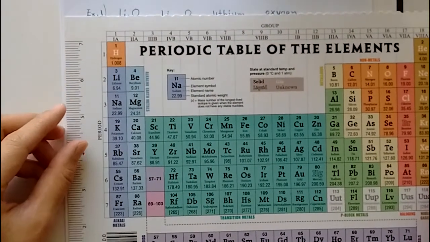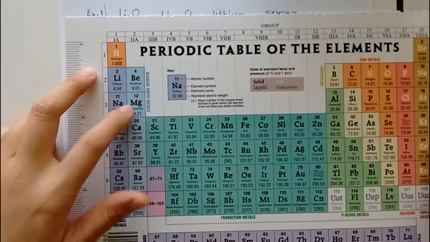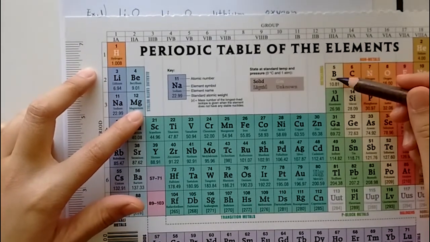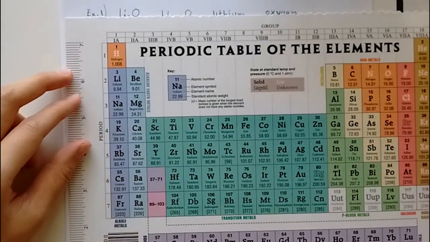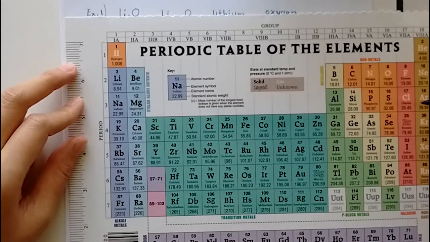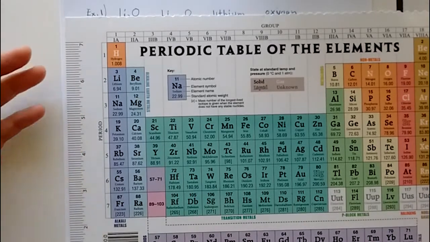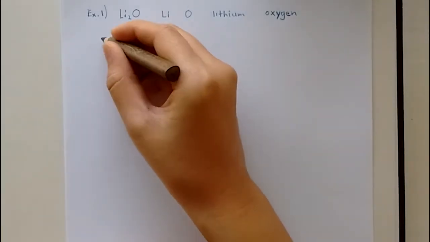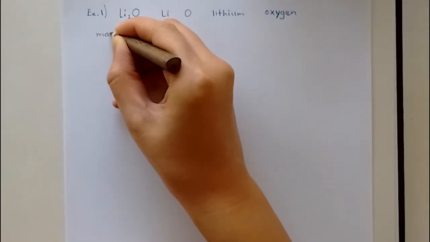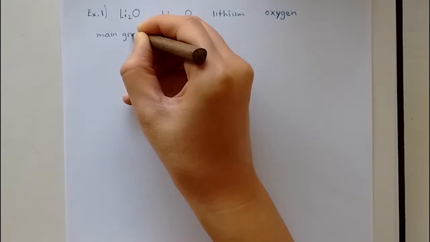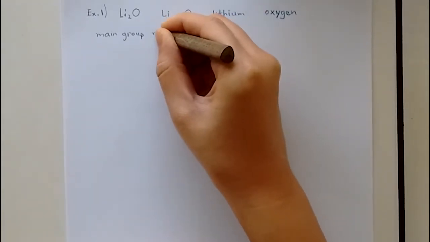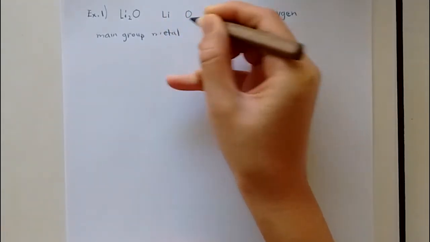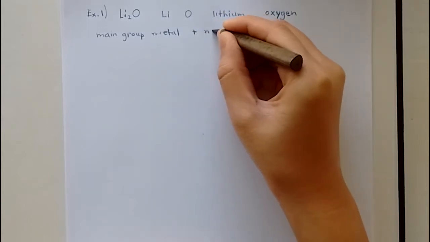Just to clarify, groups 1, 2, 3, those metals will be main group elements, main group metals specifically. So from that, we know that we have a main group metal and a nonmetal.